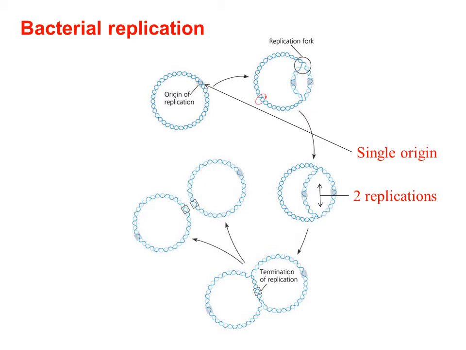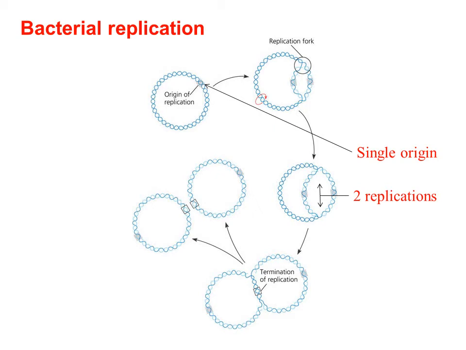This is bacterial replication. Notice that once you start at the origin of replication and you open the two strands and make a bubble, replication will take place going up and down at the same time.